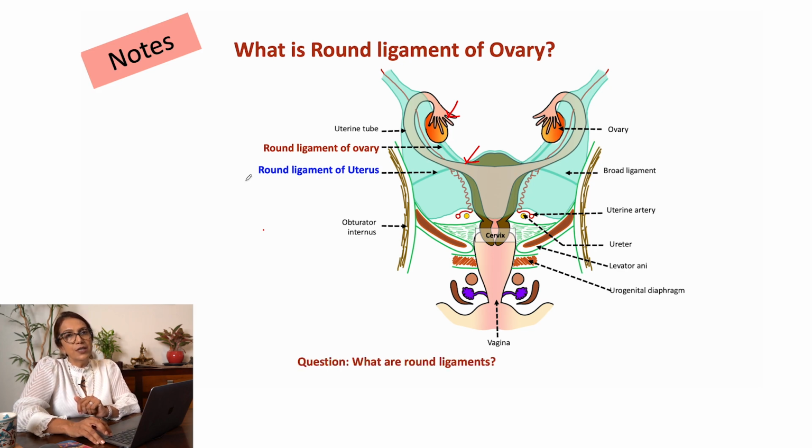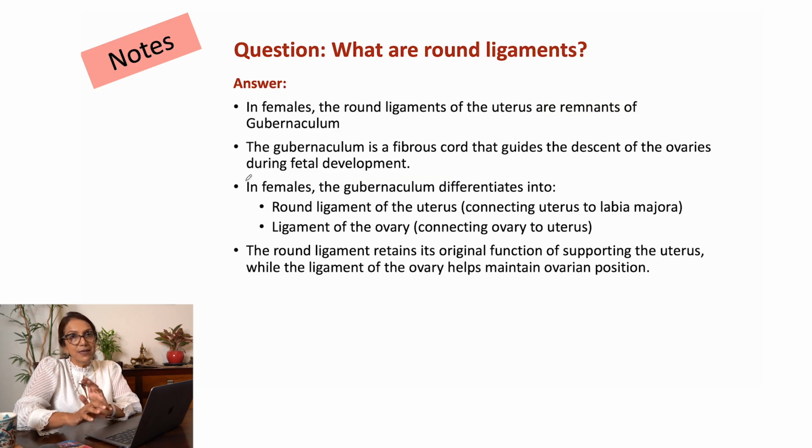So, question is, what are round ligaments? Why are we discussing them? So again, this is an immensely often asked question. The round ligaments in females are remnants of something called gubernaculum. Gubernaculum is a cord-like structure that extends from ovary down to the developing genitalia. What happens is, during development, this gubernaculum in the females gets attached to the uterus and gets divided into two parts.